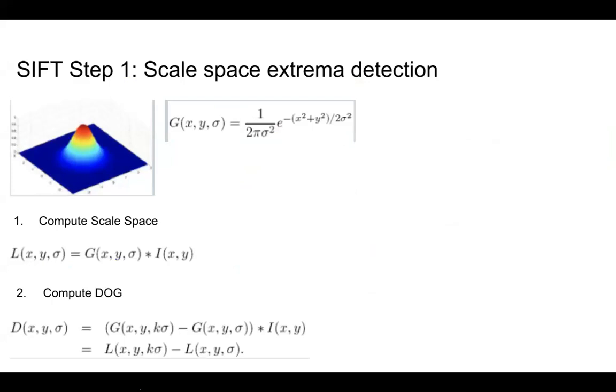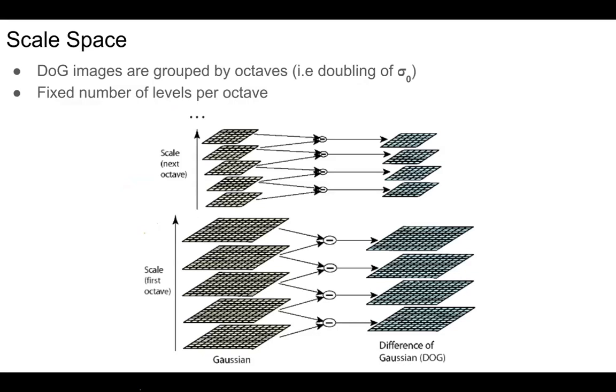Scale space is something we want to compute. We compute the scale space by the Laplacian, or rather the difference of Laplacian, and this is achieved by creating the DoG, the difference of Gaussians. So we create this scale space.